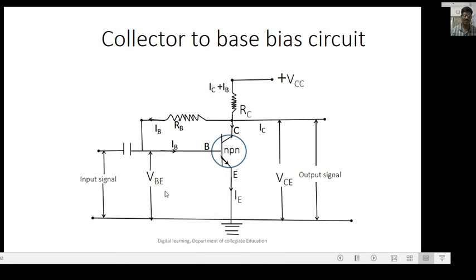VBE is the voltage measured across the base and the emitter in the input section. This is the input signal which is supplied to the circuit, and the output signal can be measured in a CRO or any other measuring device.